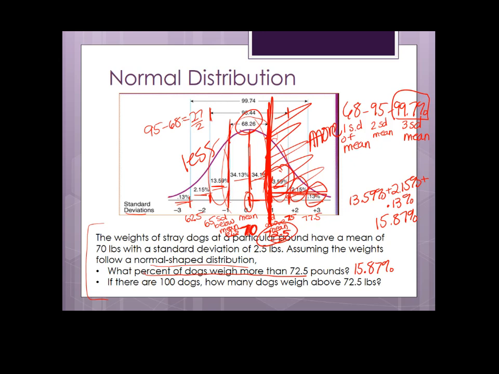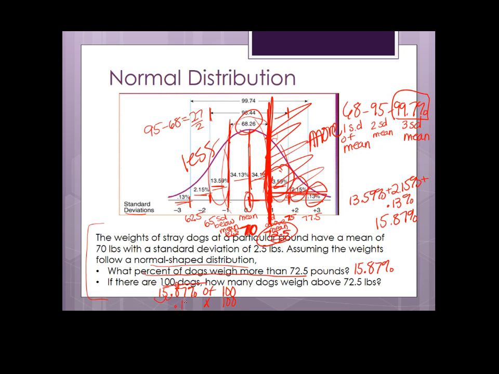So now using that information, if there are 100 dogs, how many dogs weigh above that? Well, 15.87% of that. So I'm basically trying to figure out 15.87% of 100. Well, remember when we do percents of, we're basically going to multiply. So make sure you convert any percent to a decimal, so that'll be moved over twice.